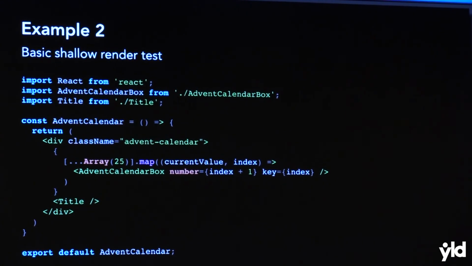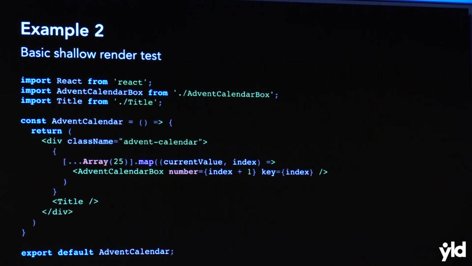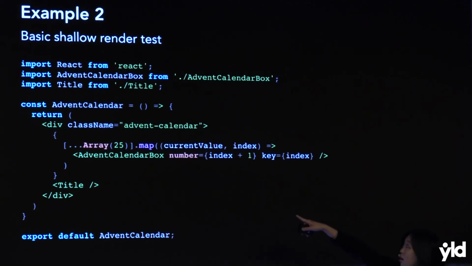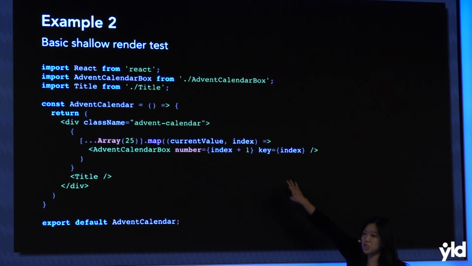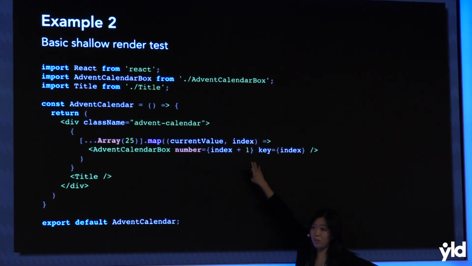But one thing that helps me when I write in React is I like to write the components first sometimes, and then check what the highest value things to test in this component are. Thinking back to that concept, anything with logic: for me, the highest value things to test would be to check that there's actually an array of 25 boxes coming out, and also that here there's a little bit of logic, where I'm incrementing the number by 1.